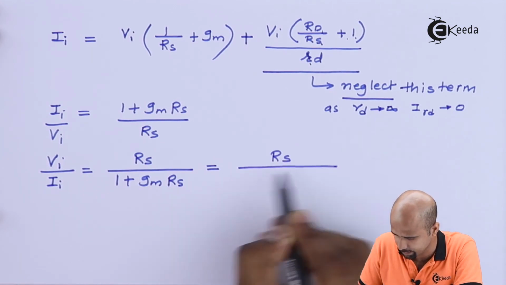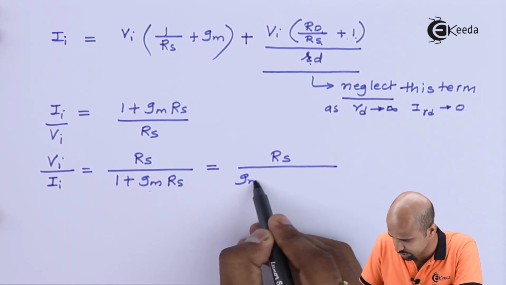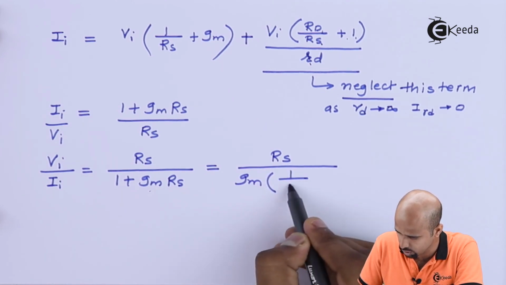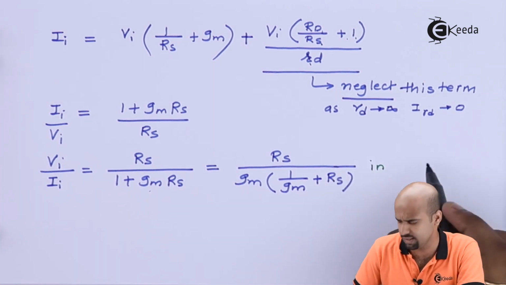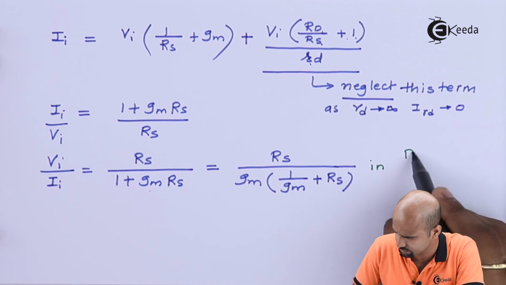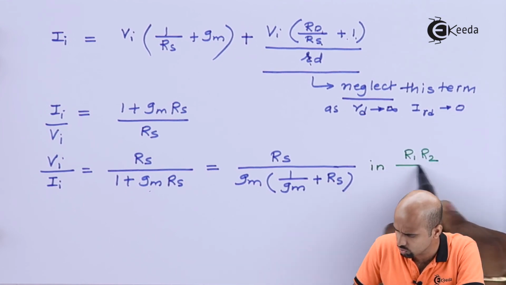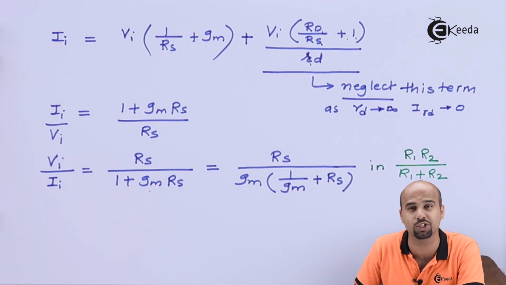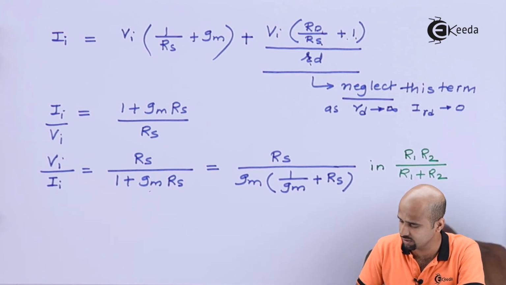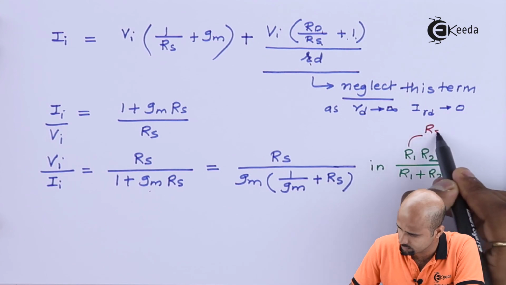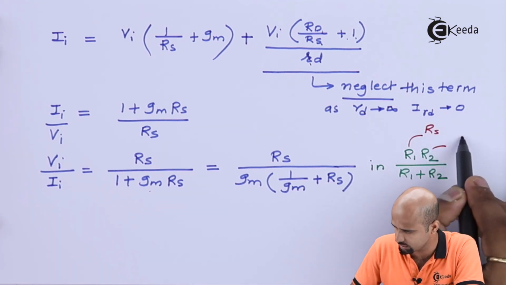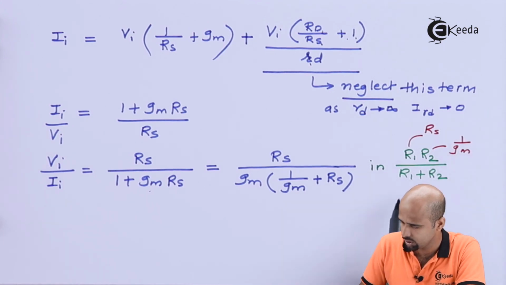Rs divided by, I'll take this gm common, 1 upon gm plus Rs. This is in the form of R1 R2 upon R1 plus R2, that is the parallel combination of R1 and R2. And what is R1? R1 is nothing but Rs, and R2 is nothing but 1 upon gm, if you relate these two equations.